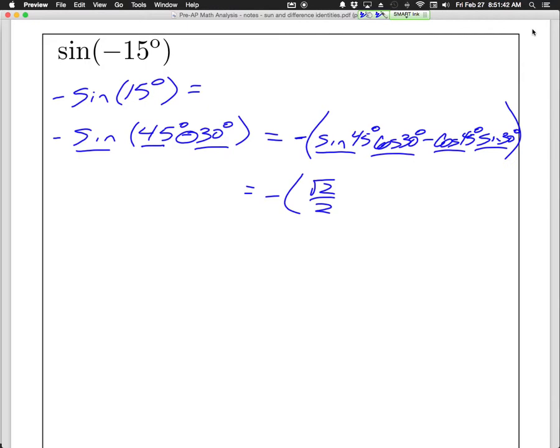What's cosine of 30? Square root of 3 over 2 is there. Cosine of 45, square root of 2 over 2. And if cosine of 30 is radical 3 over 2, then that means sine of 30 has to be 1 half.